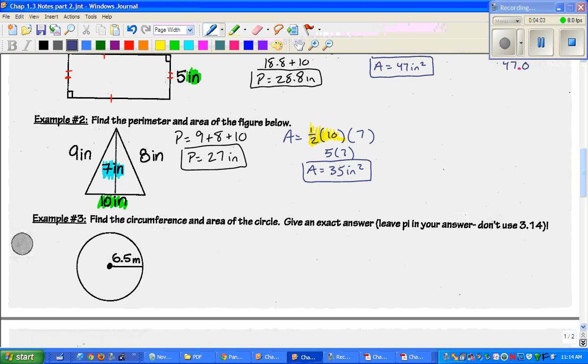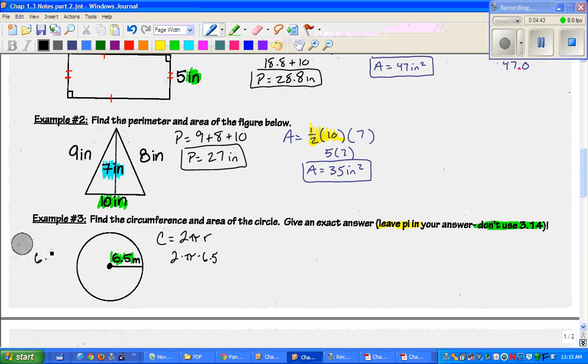Example number 3 says to find the circumference and the area. And our note at the bottom is leave pi in your answer. Do not use 3.14. The first thing we're going to find is the circumference, which is the perimeter pretty much, the outside, which equals 2 times pi times r. 2 times pi times our radius, 6.5.